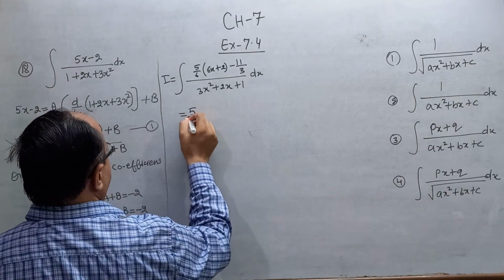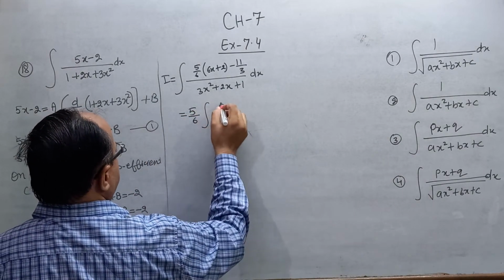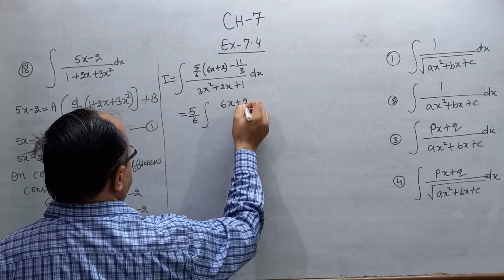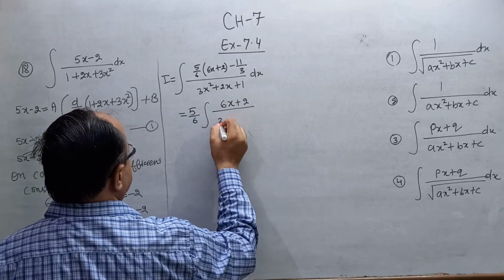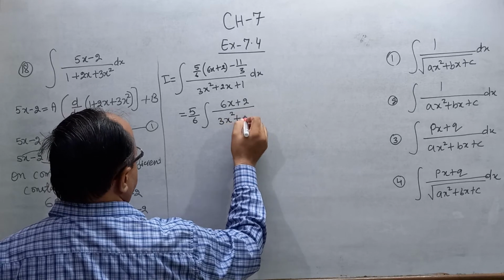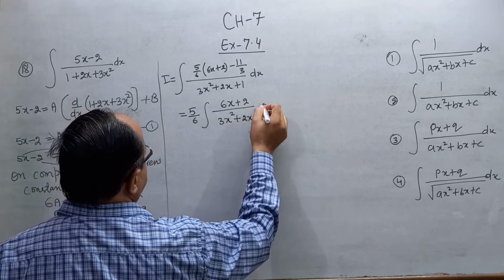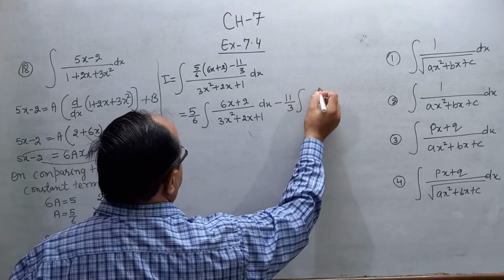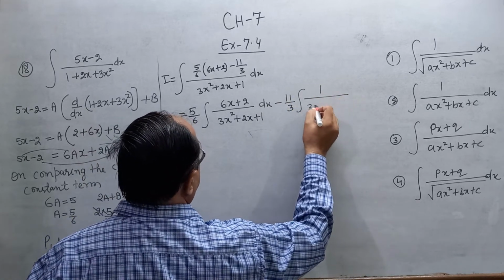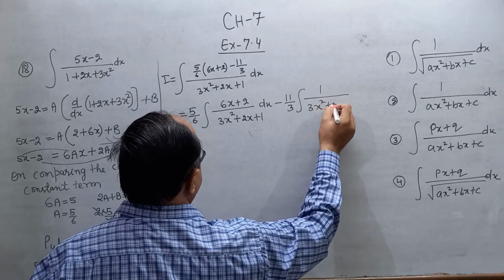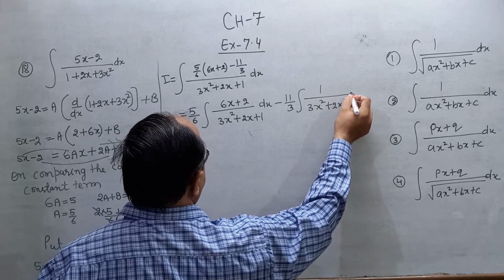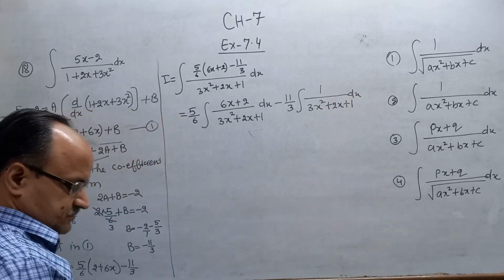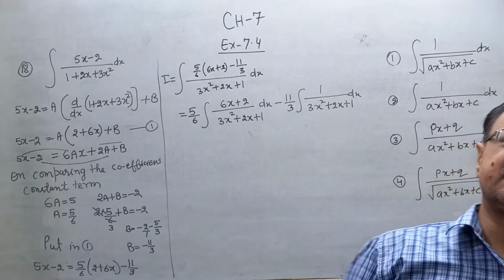You can write 5 by 6 integration 6x plus 2 upon 3x square plus 2x plus 1 dx minus 11 by 3 integration 1 upon 3x square plus 2x plus 1 dx. Check again. Now separate the term.